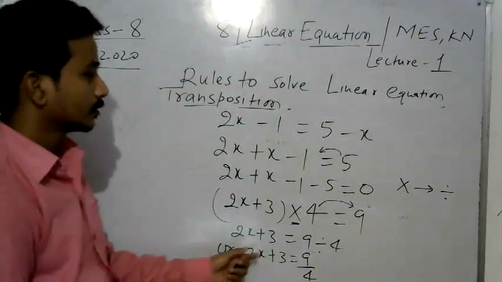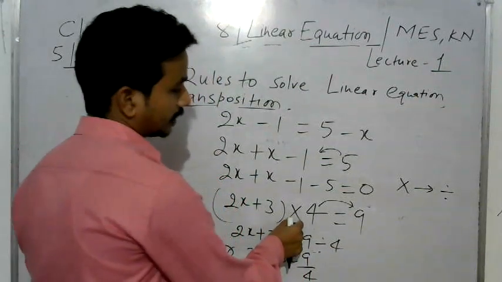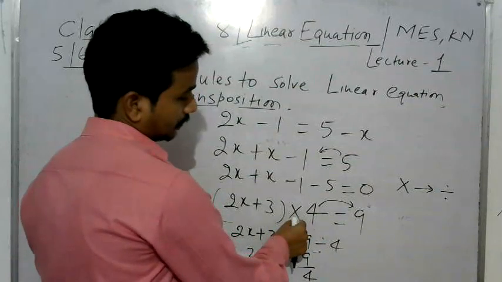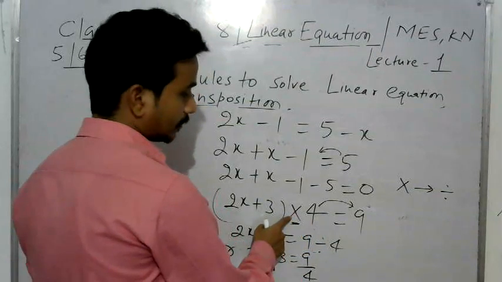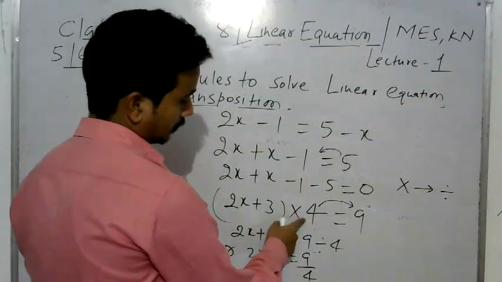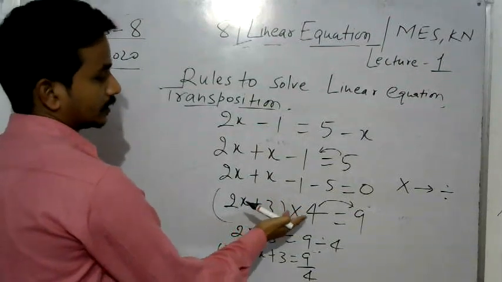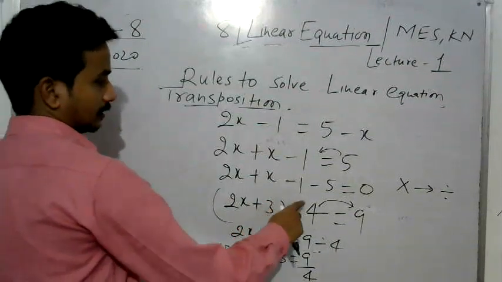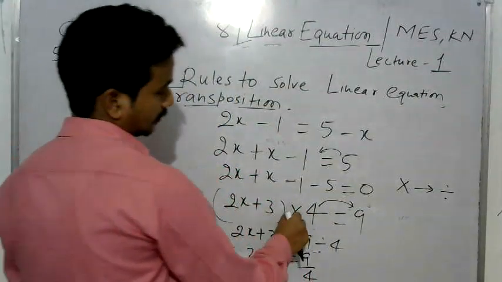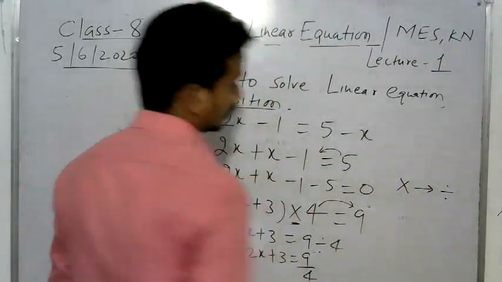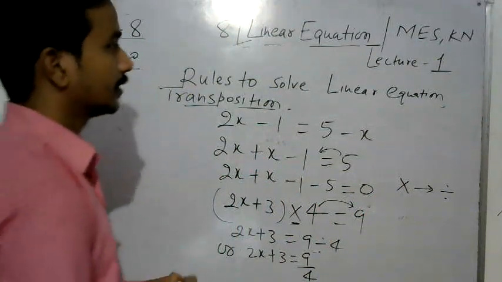So when a number is in multiplication, in product form, and you transpose it from left to right, then this multiplication will change to division. So these are the rules you must keep in mind while solving a linear equation.